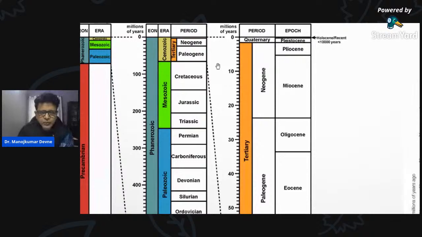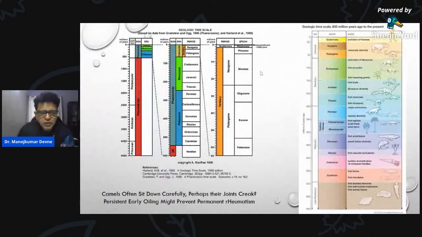So what this geological time scale means, I'll read it out to you so that you can understand it. The first column is the whole age of the earth, and you have these representations on the internet. You go to Google and search for geological time scale. You have various representations of it.